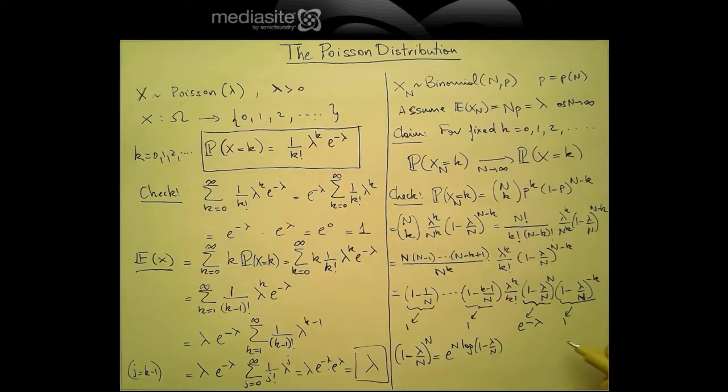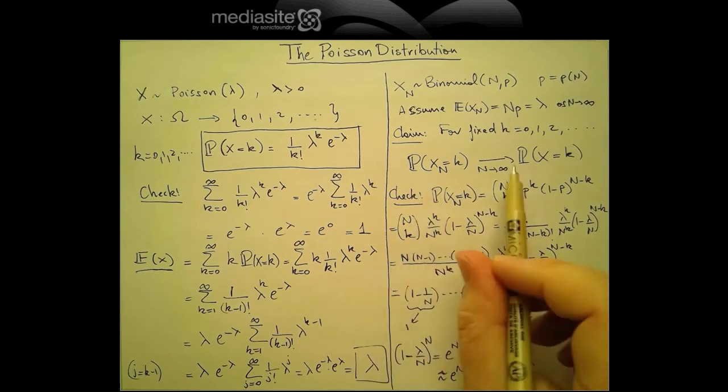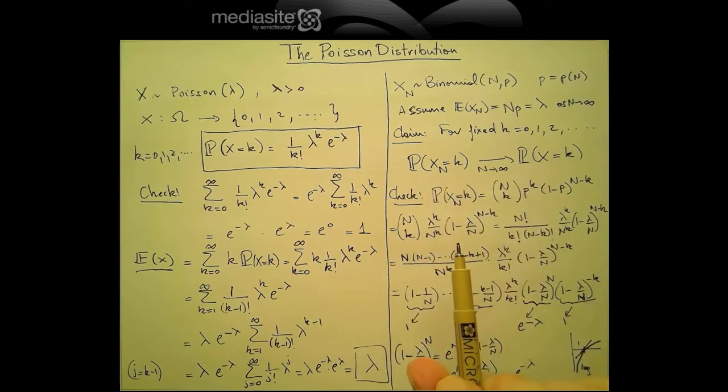Remember what the logarithm looks like: the logarithm function goes through 1 with a tangent of slope 1. So near 1, using the tangent approximation, this is roughly e to the n times minus lambda over n, which is exactly e to the minus lambda. Okay, so that's a proof of this limit.